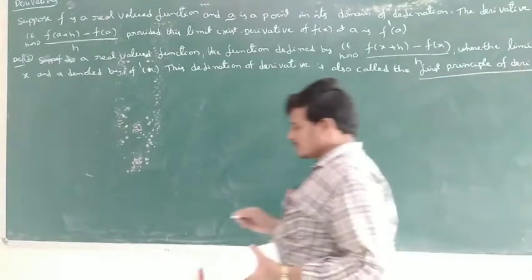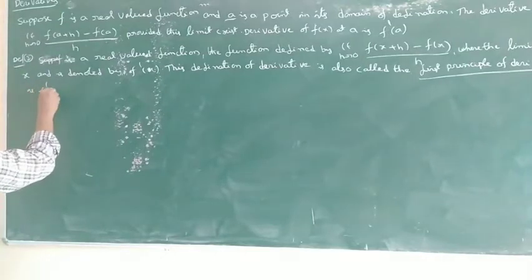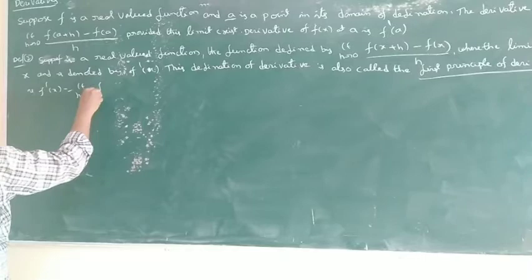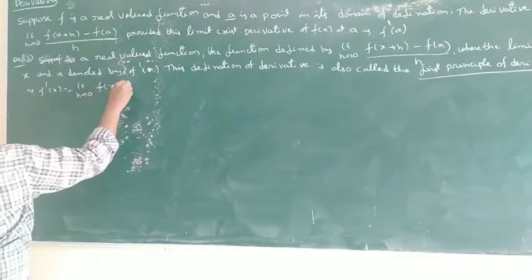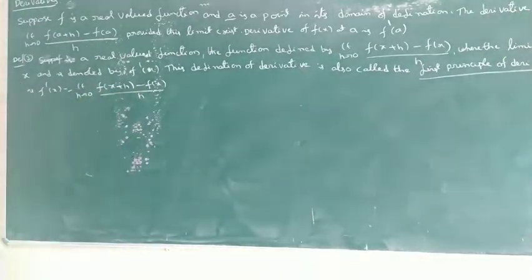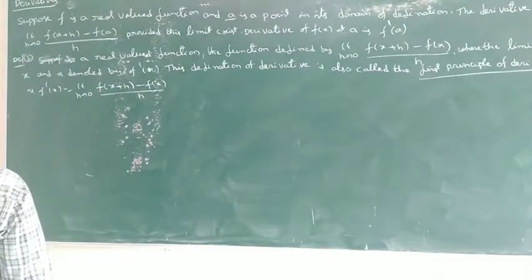So that is, f dash of x is equal to the limit as h tends to 0 of f of x plus h minus f of x, by h.